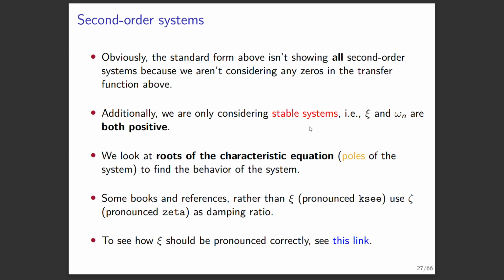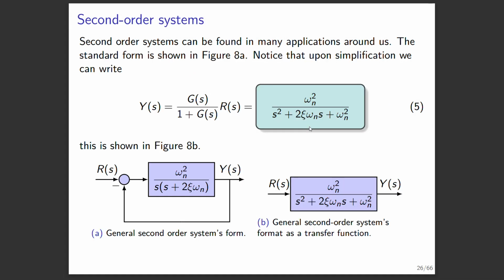Obviously, the standard form that we are studying here is not describing all second order systems. It's describing a family of second order systems. For example, equation 5 assumes no zeros. Obviously, you could have second order systems that have zeros.